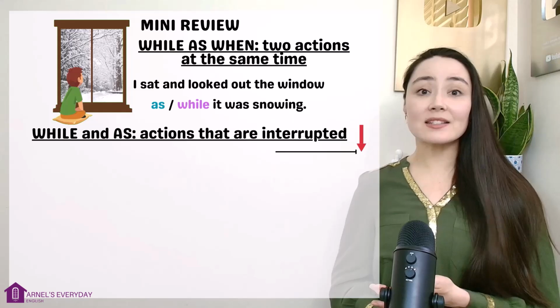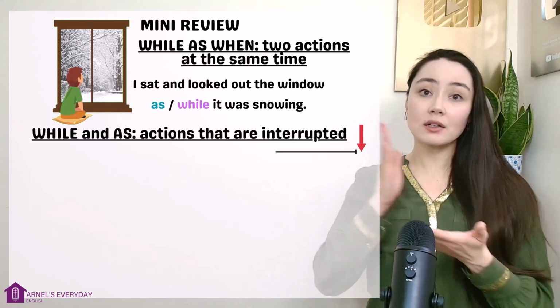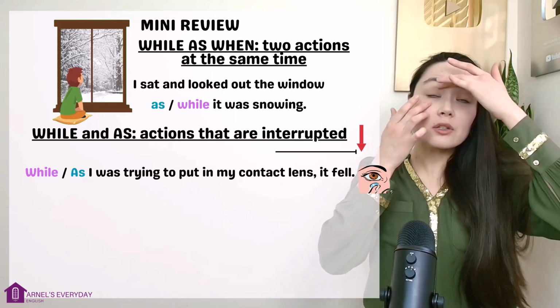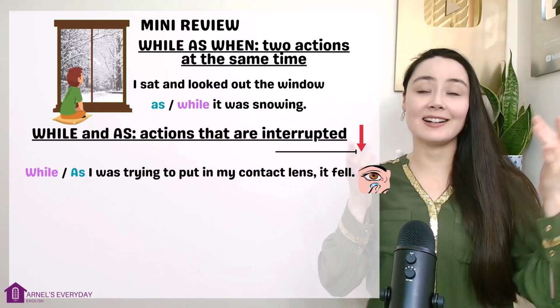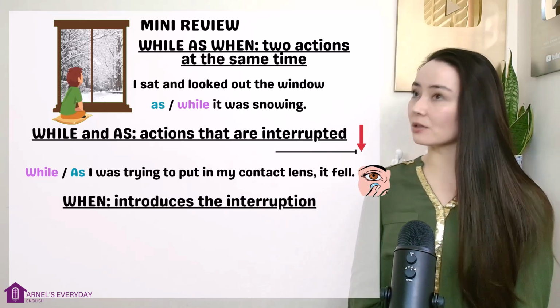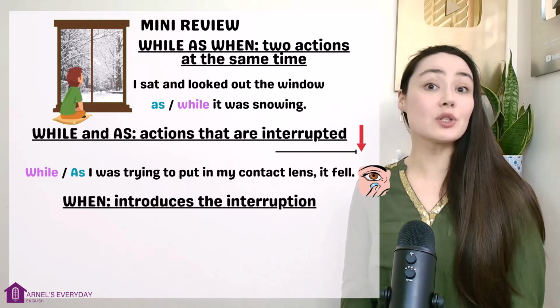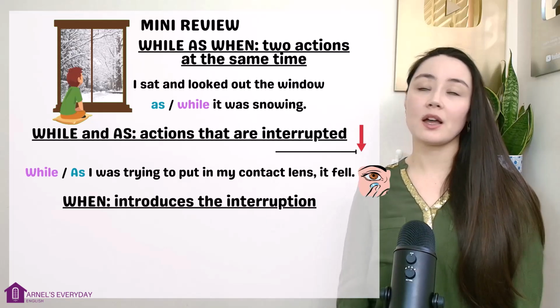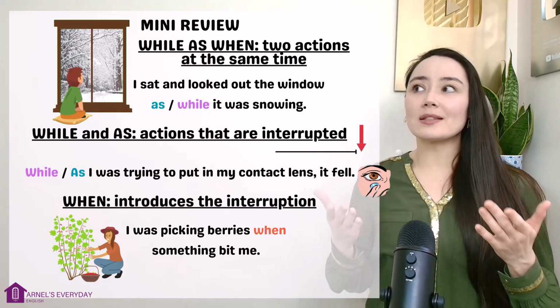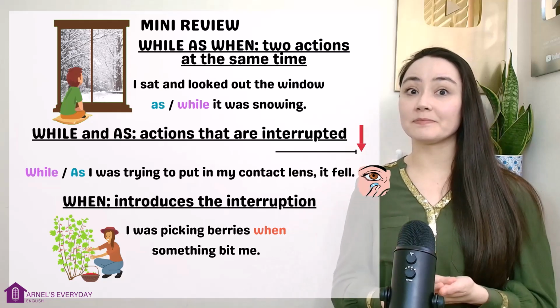While and as describe actions that are interrupted. While, as I was trying to put in my contact lens, it fell. When is the interrupter. It introduces the interruption. I was picking berries when something bit me.